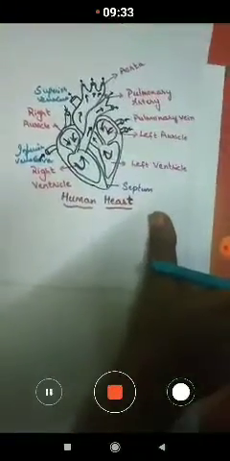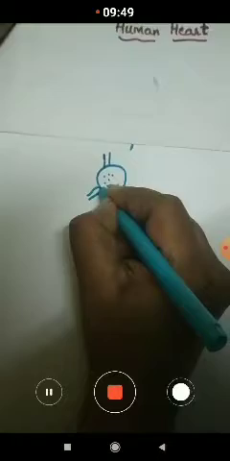Now when the blood is in the right auricle, I'll just draw here. The two veins bring the impure blood from the upper and lower parts of the body. As the blood is filled here, what happens?